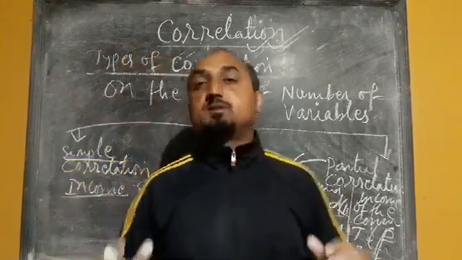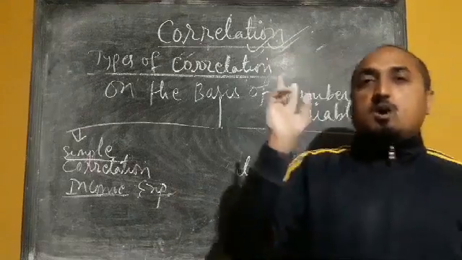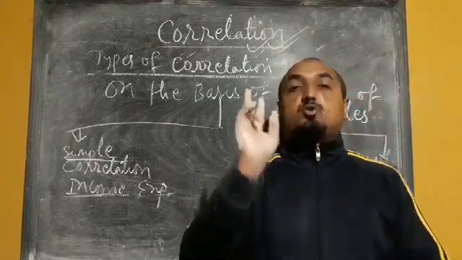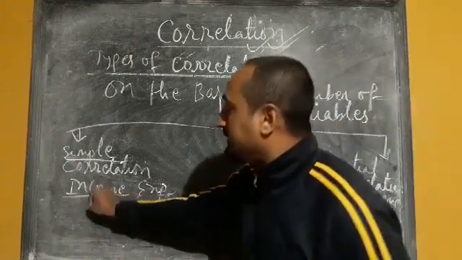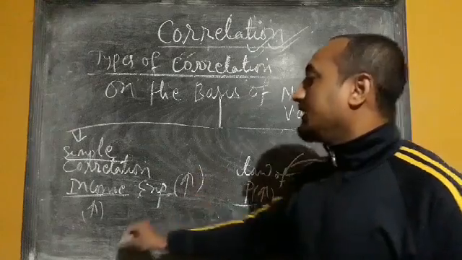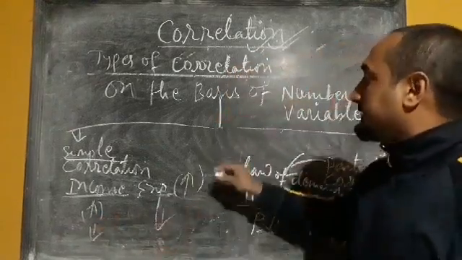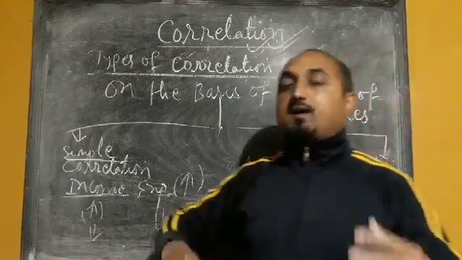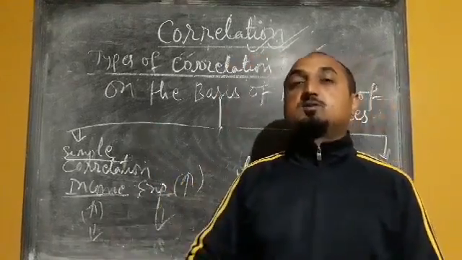I hope this concept is clear. Once again, in the case of simple correlation, we show the relation between two variables, like the example of income and expenditure. When your income increases, expenditure will also increase. When income decreases, your expenditure will also decrease. Now in the case of multiple correlation, I have given the example of agricultural production of food grains.